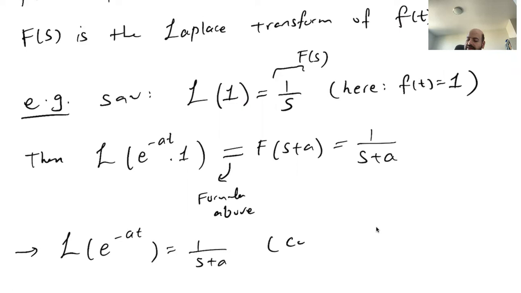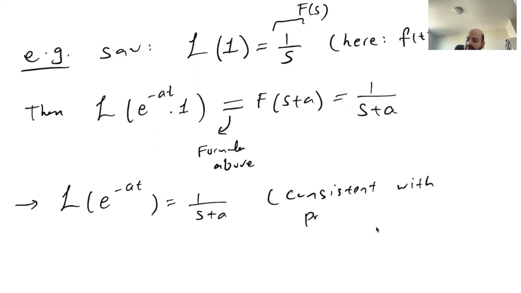And this is consistent with the previous example, because there we showed that the Laplace transform of e to the power at is 1 over s minus a. Then the Laplace transform of e to the power minus at will be, of course, 1 over s plus a. You just need to change a to minus a in this formula.